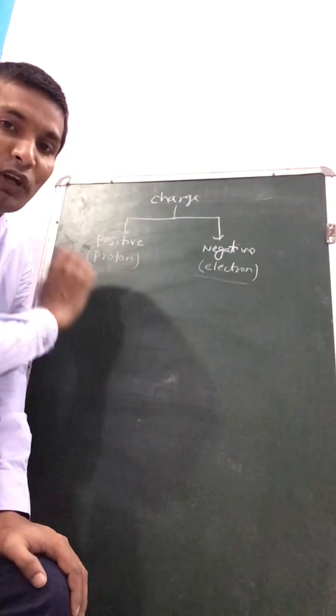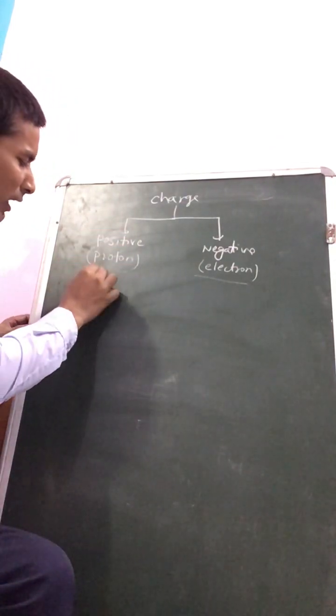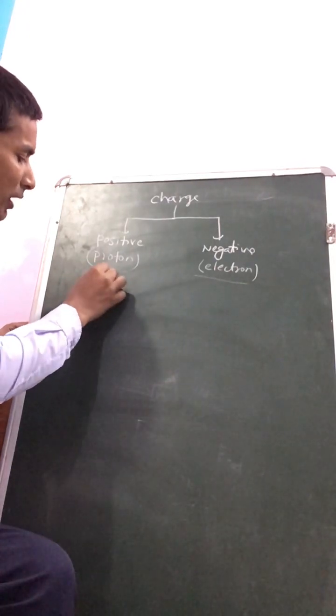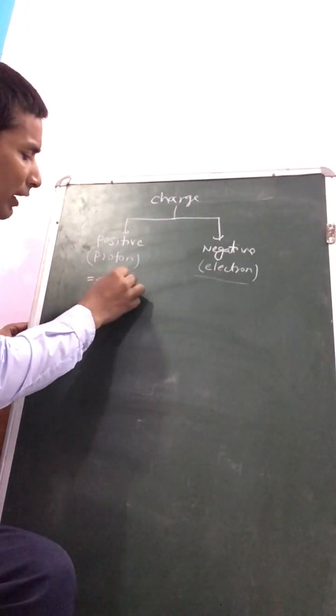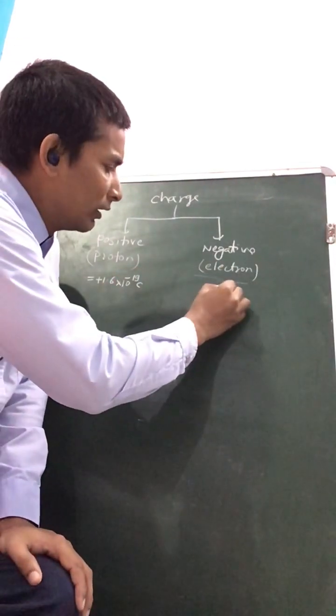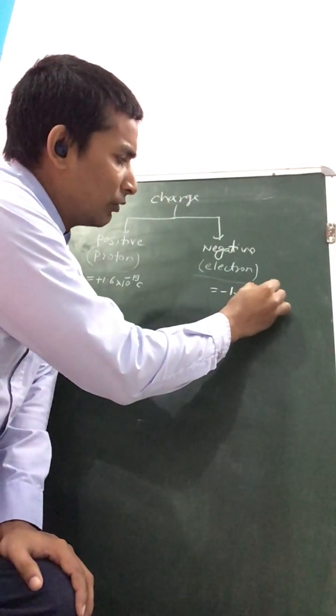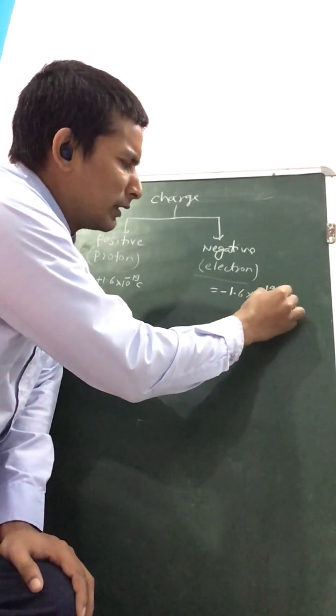We know that proton is positive charge and the charge on proton is plus 1.6 into 10 to the power minus 19 coulomb, and the charge on electron is minus 1.6 into 10 to the power minus 19 coulomb.